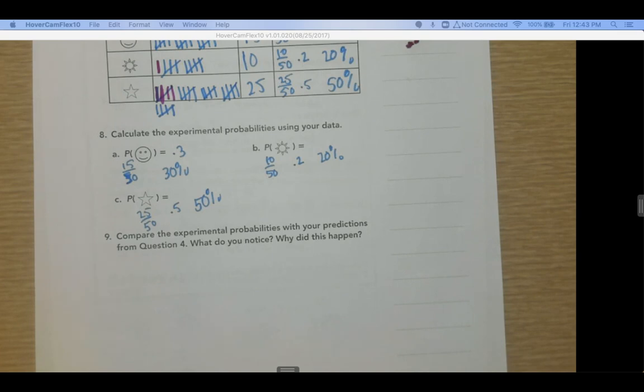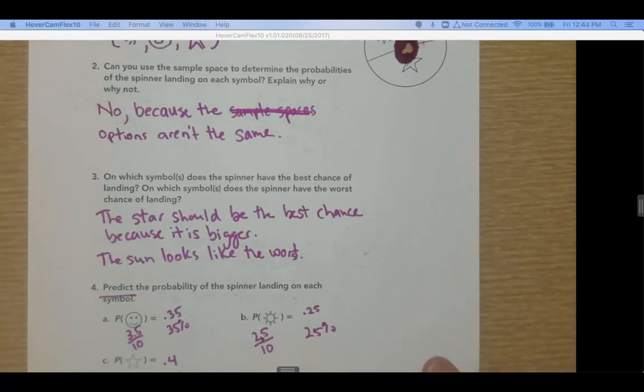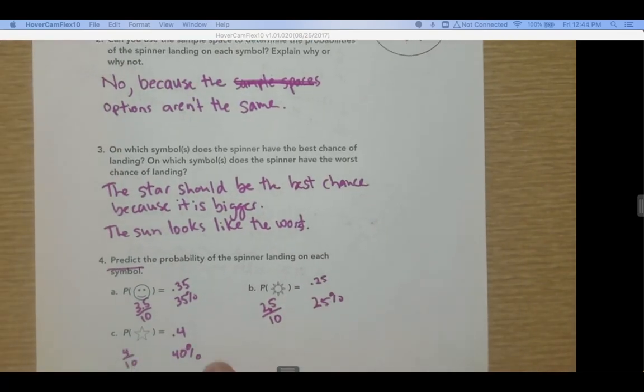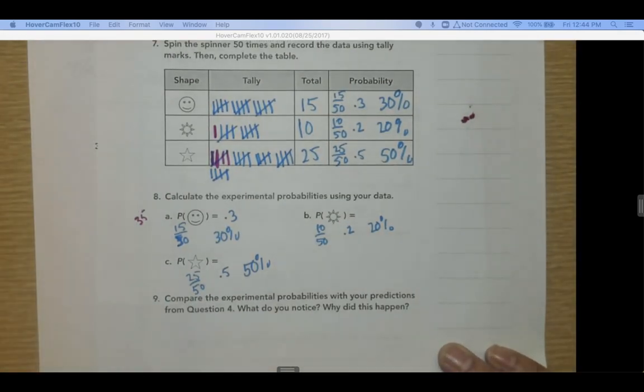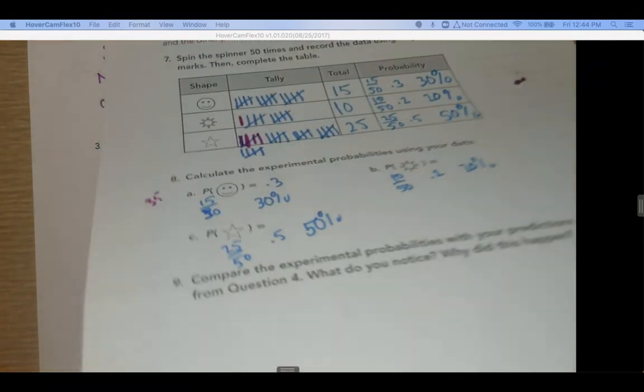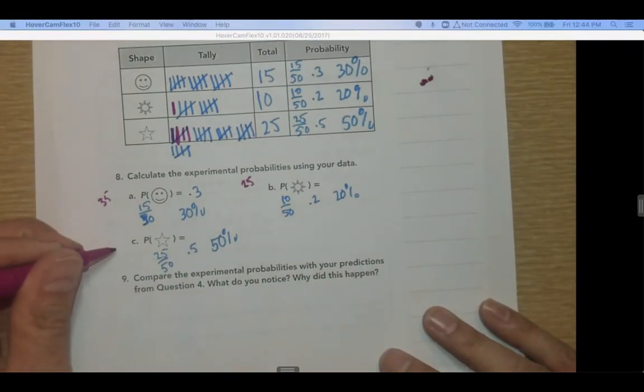Compare the experimental probabilities with your predictions. Let's see here. On the previous broken page now, I have that we had 35% for the smiley face. Okay. I had 25% for the sun, and I had 40% for the star.